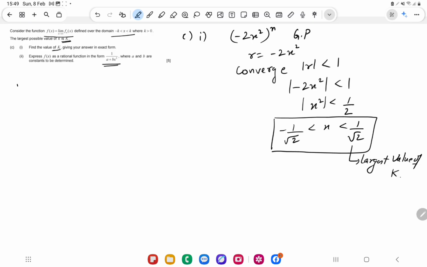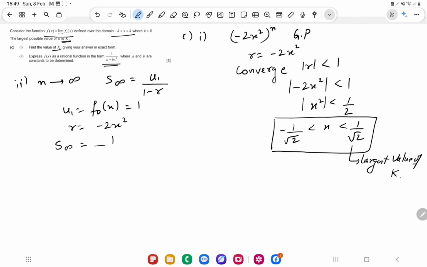Now to solve the second part, express f(x) as a rational function in this form. Since it was written n tends to infinity, it means we can find the sum to infinity, which is u1 upon 1 minus r. My u1 will be 1 because it was f0(x), which I calculated as 1, and r I am taking as minus 2x square.